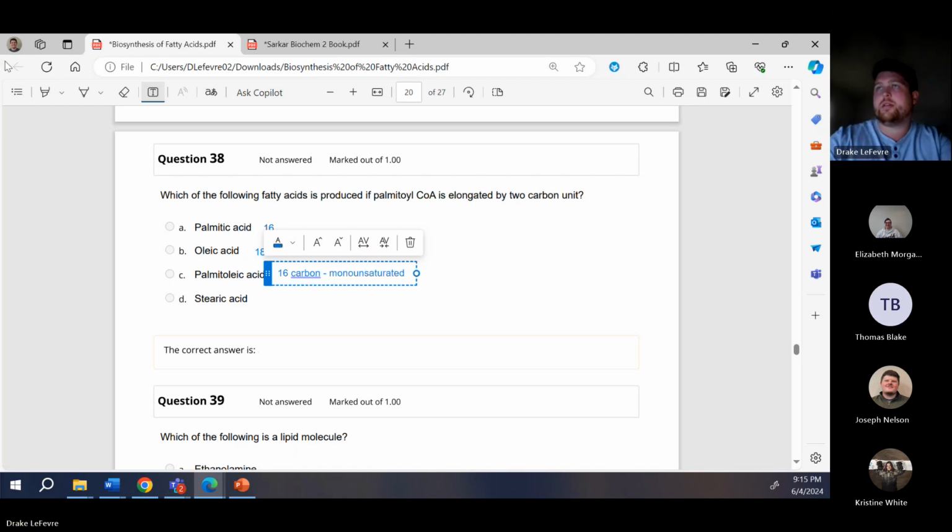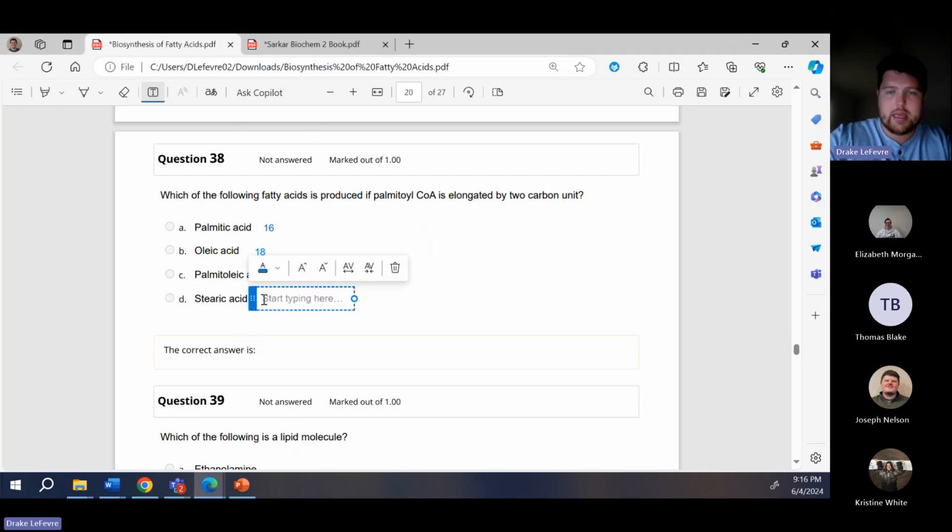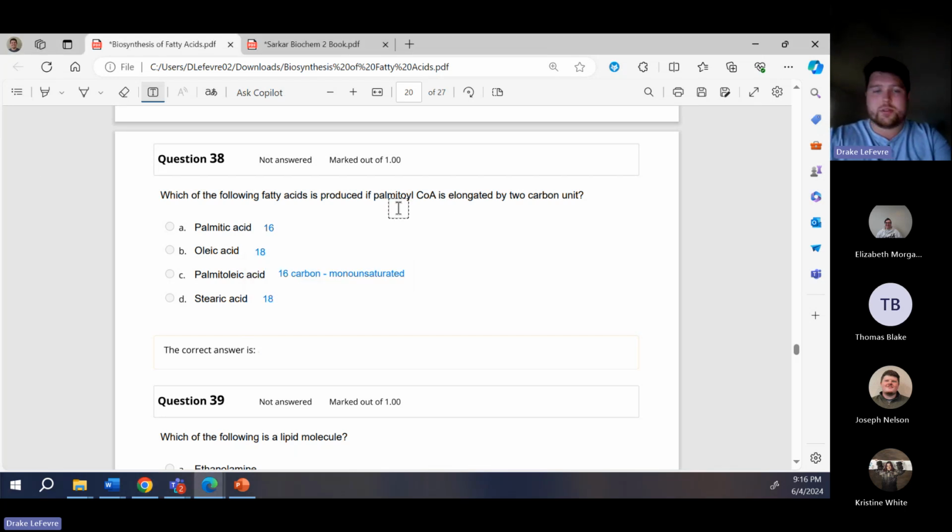Stearic acid is also 18. And palmitoyl is also going to be 16.